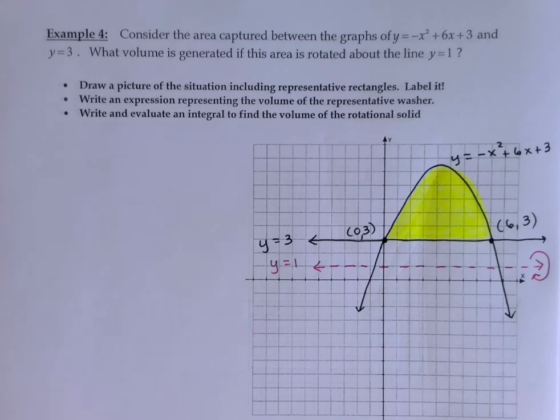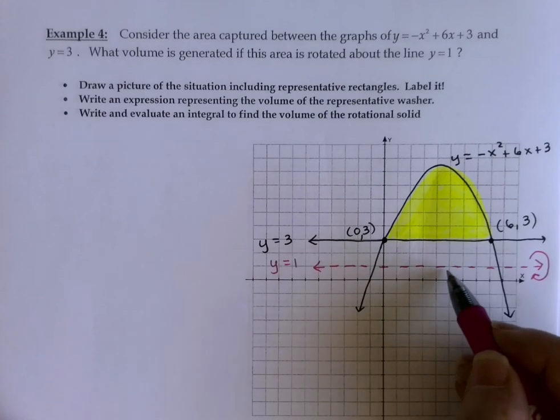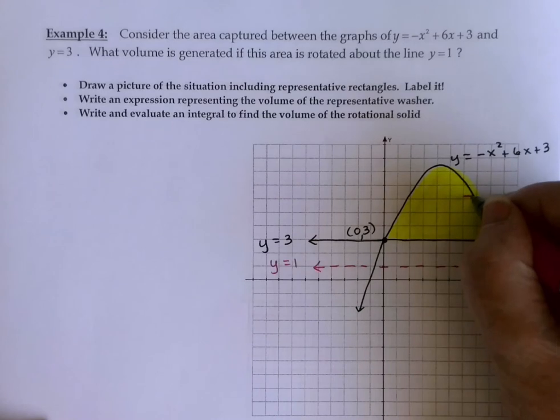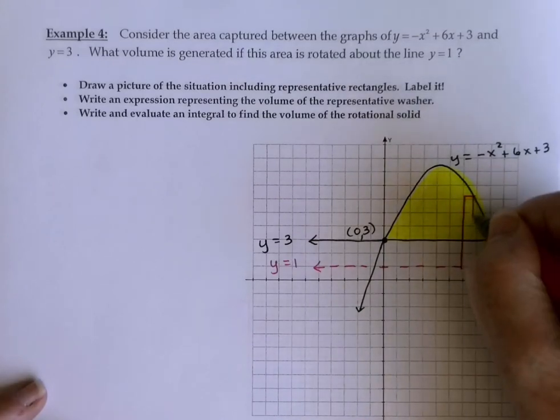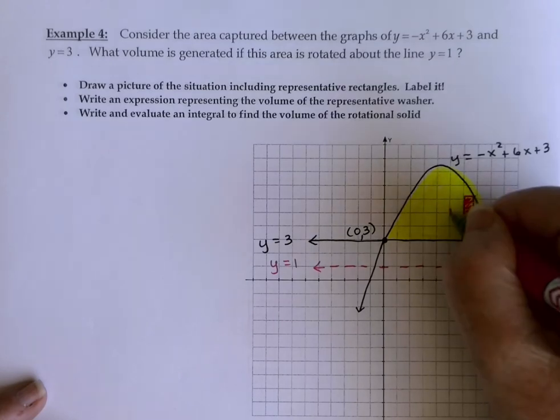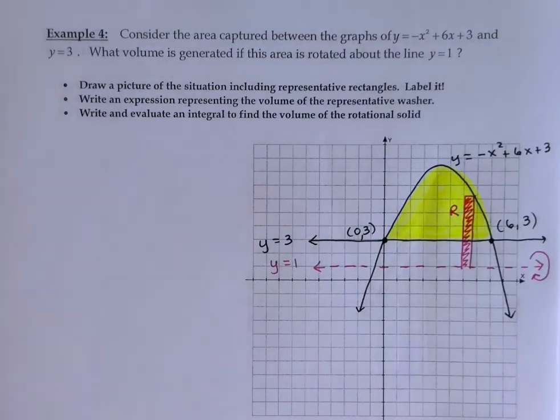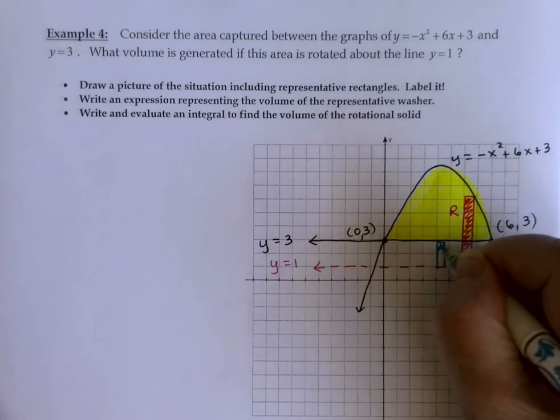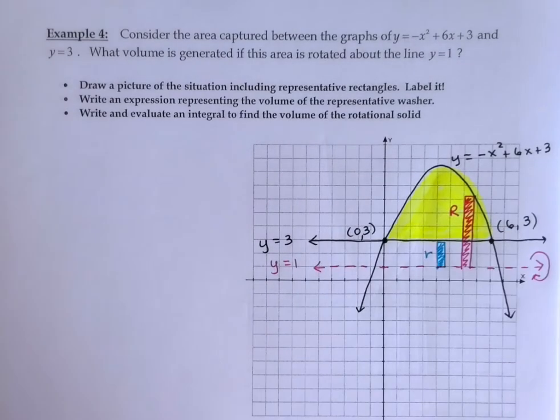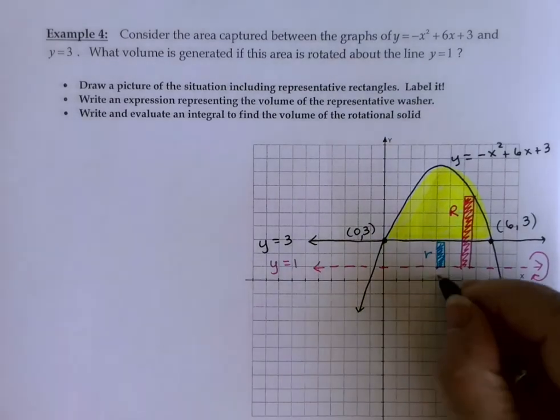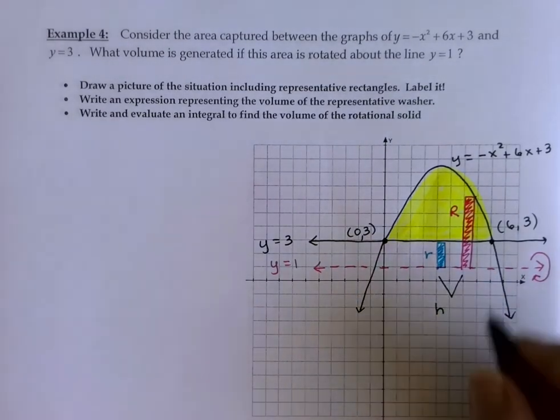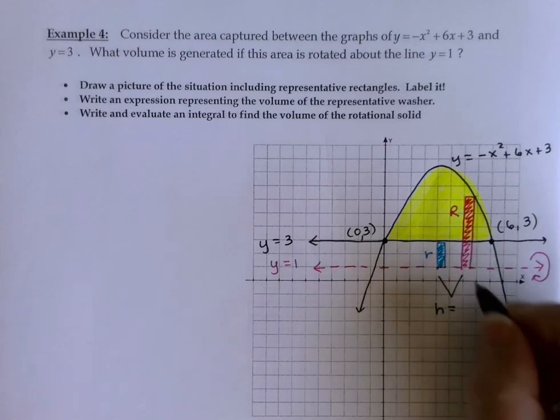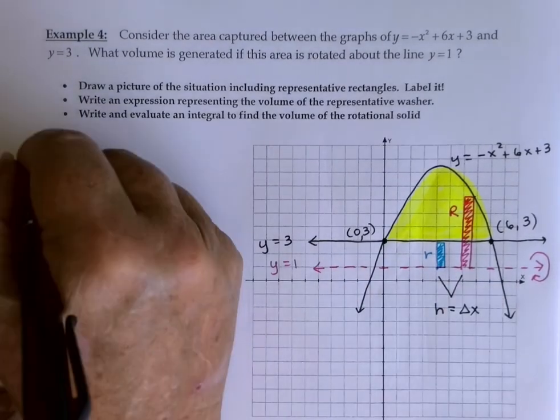So, to get my capital R, I draw my representative rectangle from the axis of rotation to the graph that's further away, which in this case is the parabola. And a little r from the axis of rotation to the closer graph, which is the horizontal line. The heights or thicknesses of my disk will be little pieces in the x direction, so delta x.